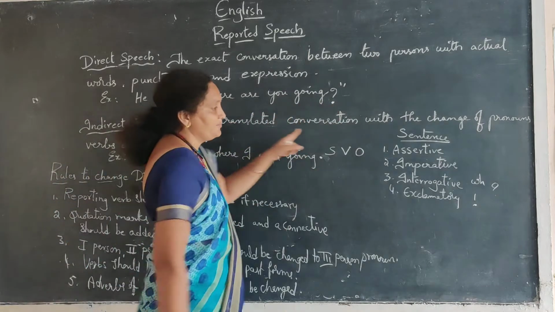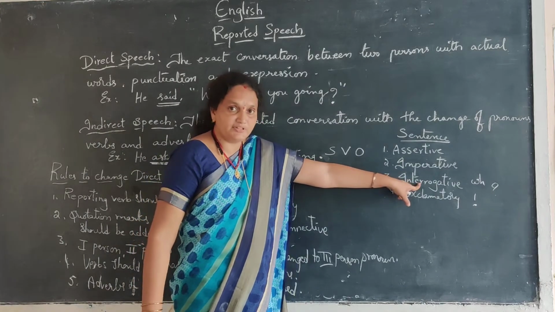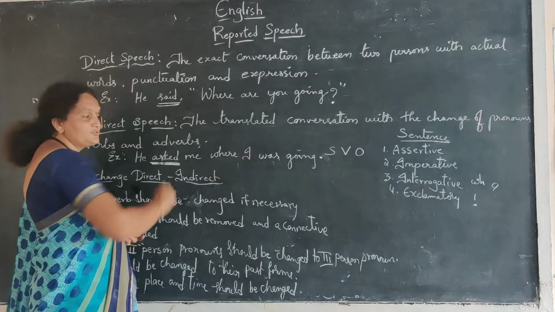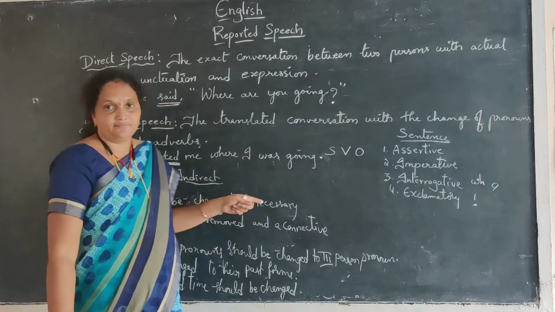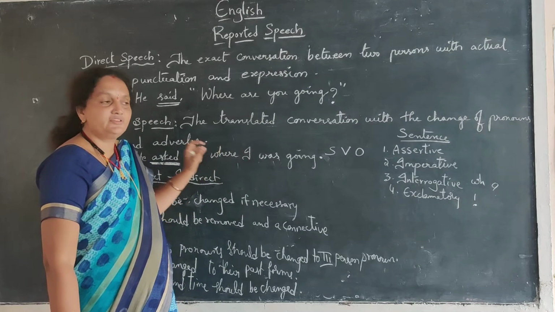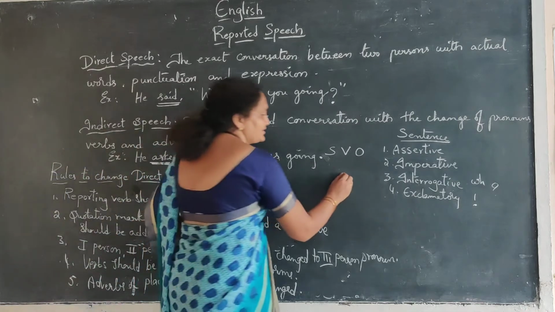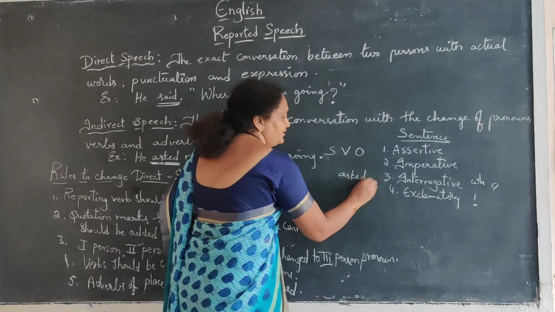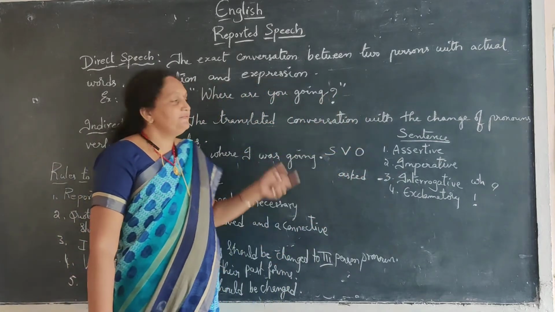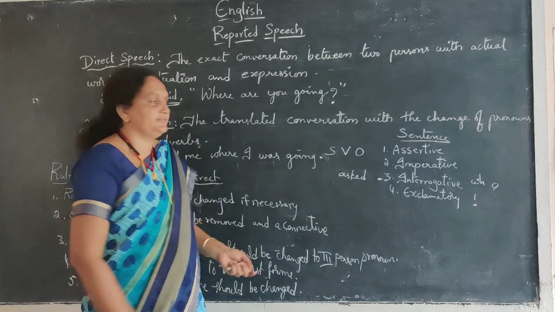It is a question, that means an interrogative sentence. In an interrogative sentence, we have to use asked, questioned, inquired. If it is an assertive sentence, we can say said.